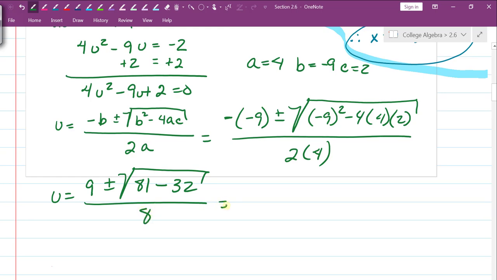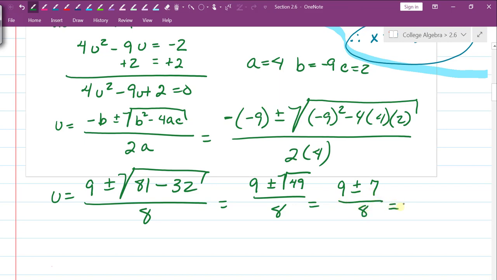Now I'm going to end up with 9 plus or minus 81 minus 32, which is 49. So I end up with 9 plus or minus the square root of 49 divided by 8, which is 9 plus or minus 7, because the square root of 49 is 7, divided by 8.